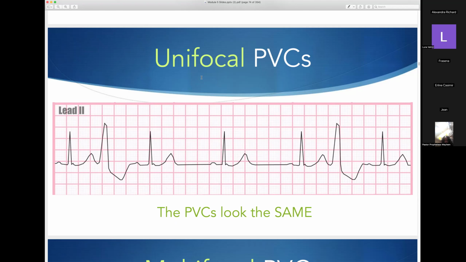So we said that irritable foci are irritated areas of the heart where an abnormal electrical impulse occurs. So let me show you.